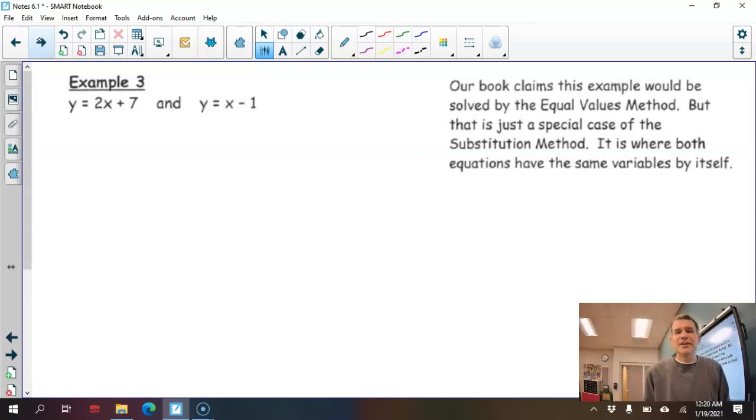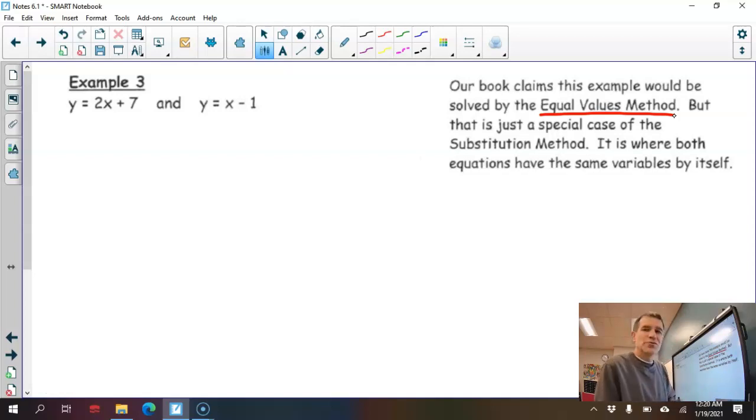All right. Example 3. In this example, both equations have the y by itself. Not to worry. Our book claims that this situation would be solved by what they call the equal values method. But I claim that this is just a special case of the substitution method.